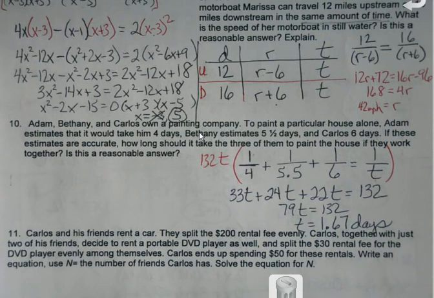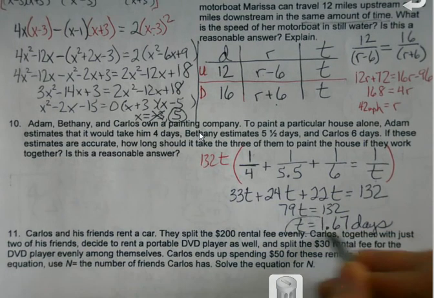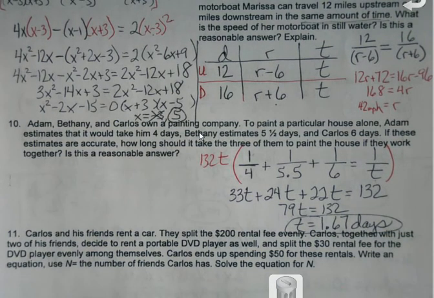Which makes sense, because you would hope if they were working together it would take less time than the fastest person. Now if you did this and it said it would take them like 11 days all together, it's like they must party when they get together and not do any work or something, because that wouldn't make much sense. So those are the types of things that I have to think about a little bit on reasonableness of my answers.